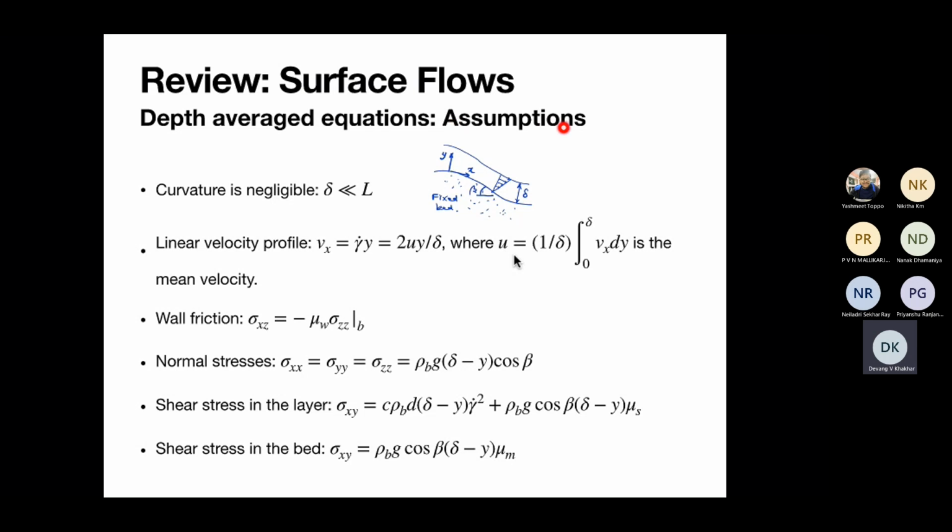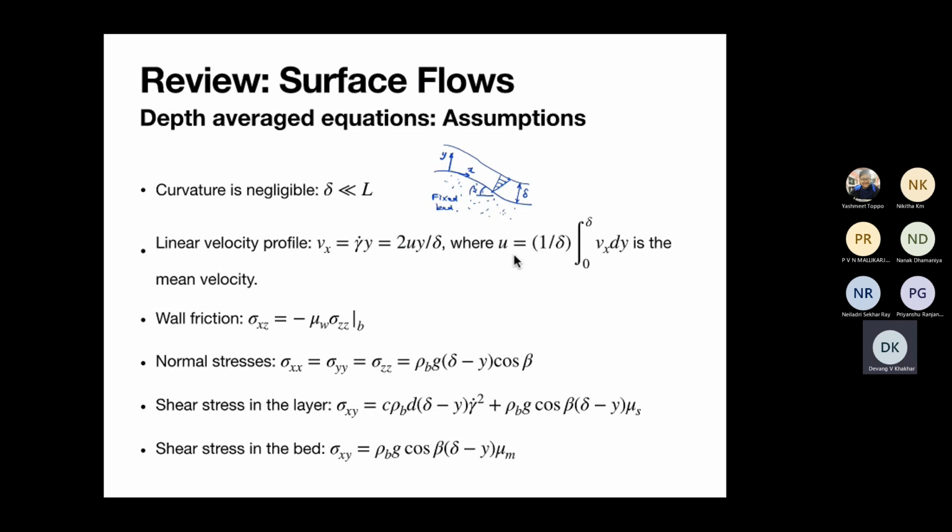And we made a number of assumptions to come up with the equations to describe in a macroscopic sense the flow in this layer. First of all, we said any of these curvatures are negligible, so we'll just look at xy coordinates. We can just straighten out this whole thing and then it's fine. And then we assume that we're not very concerned about the exact profile in there, but we'll assume it to be linear, which is gamma dot times y.